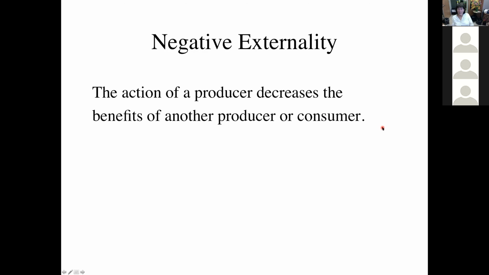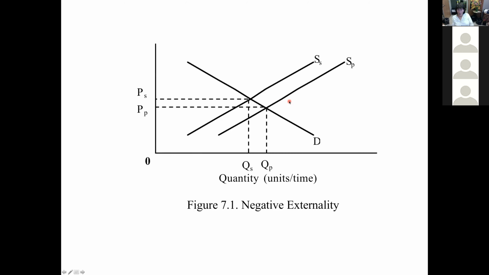So there's another type, which is a negative action. Most of this is pollution: the private supplier is not bearing the true costs of their production. So these two curves are breaking apart, and what you want to do is move this one back up there.